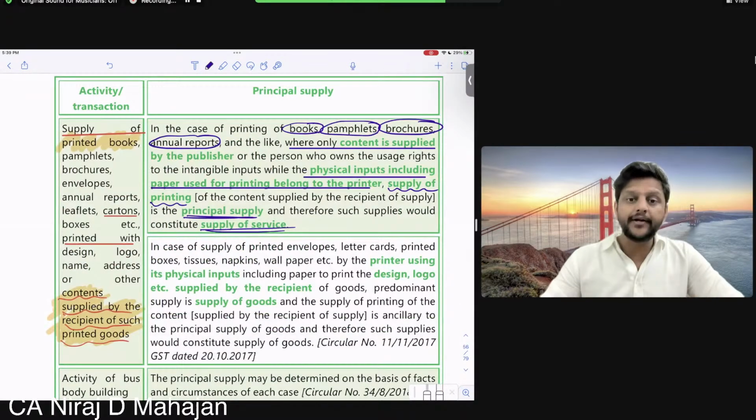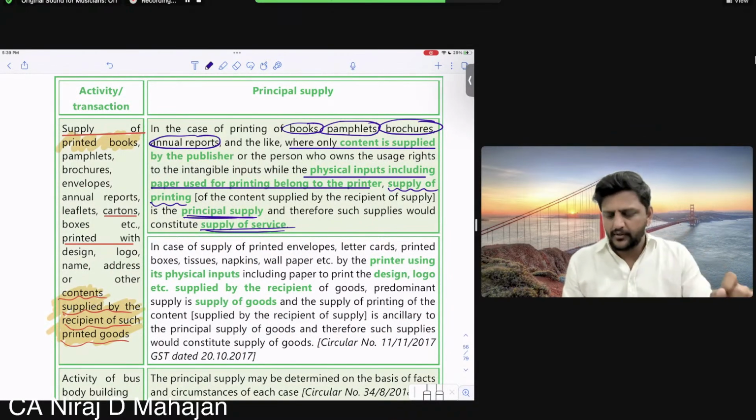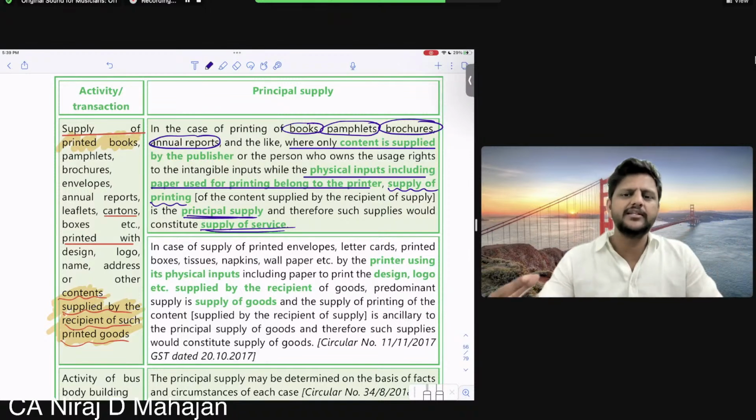In case of supply of printed envelopes, now children, it is not a readable material, but that is the reason they have looked into it properly. What is the main content over here?